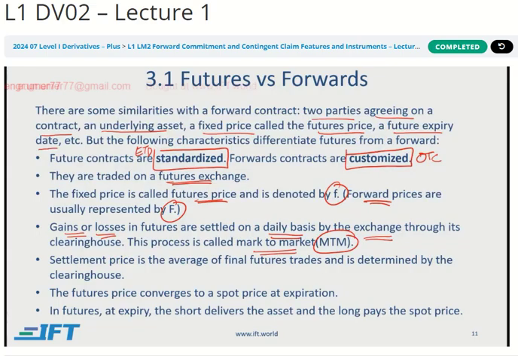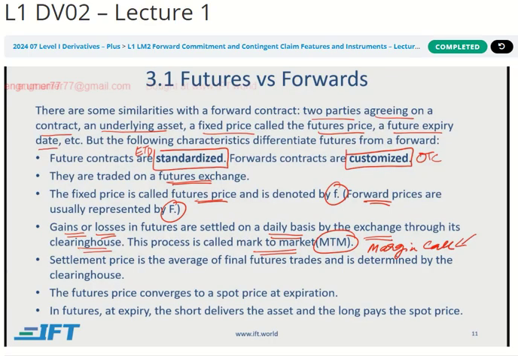And by the way, if one party runs out of the security deposit which the exchange is keeping, then they will get something called a margin call. And you might have heard this word before. So both parties actually have to deposit a margin in a futures clearing house, and their profit and loss is adjusted from that margin. And if that margin finishes because you are having too much loss, then you will get a call to post or deposit more margin.